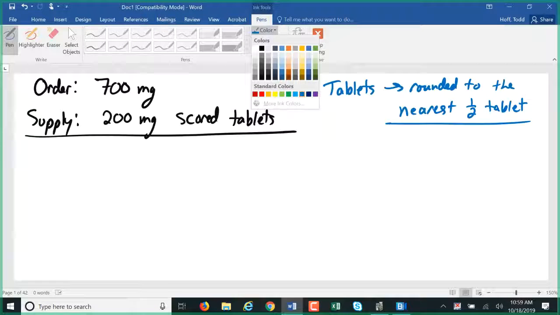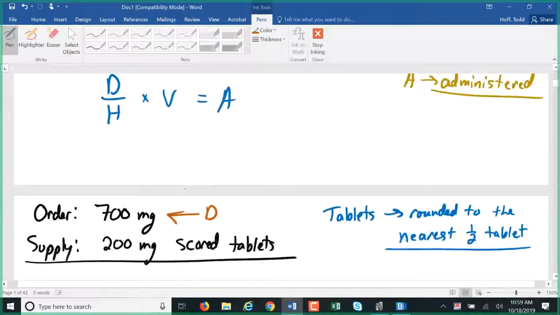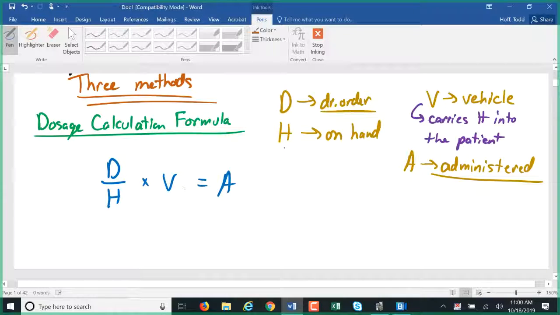So anyway, let's calculate what needs to be administered to the patient here. So D is the doctor's ordered dose at 700 milligrams. Now, one hint to help us find the on-hand dosage: the on-hand dosage must have the same units as the doctor's order.